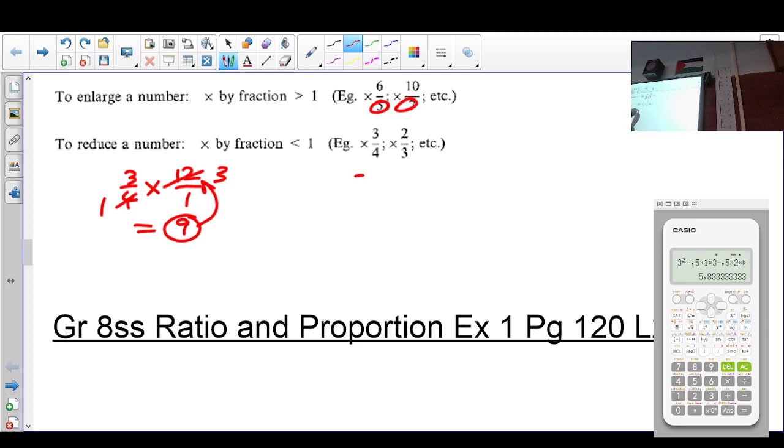Yes. 2 over 3 times 12 over 1. 3 goes into 3 once, 3 goes into 12 four times. 4 times 2 is 8. Is 8 smaller than 12? So to reduce a number, we multiply it by a number less than 1. Does it make sense? To enlarge a number, the numerator will be bigger. To reduce a number, the denominator will be bigger.